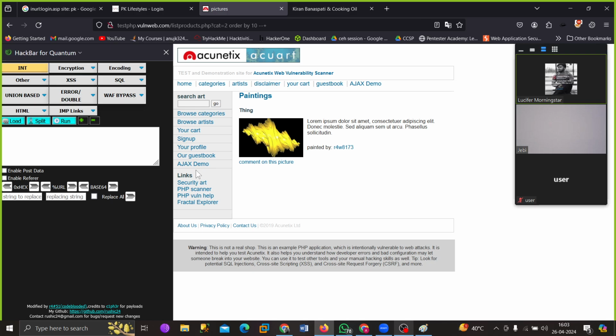Guys, did you find any difference over here? When we were putting 20 columns, we were getting error. When I put 10, I got the output. What is the difference over here?